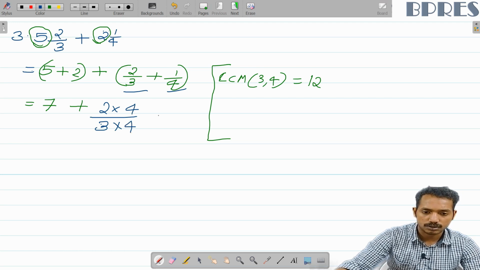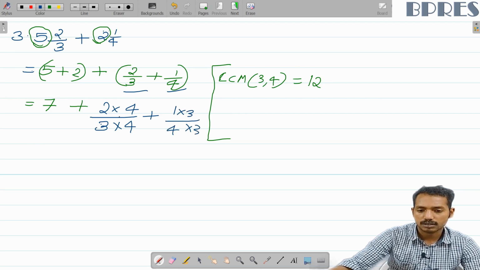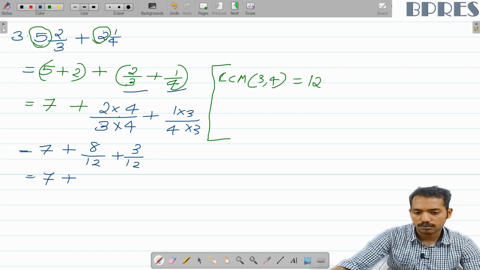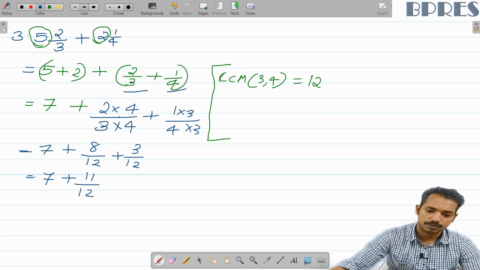Then 3 into 4 is equal to 12 plus again here 1 into 3 divided by 4 into 3. So that I will get 12. Now that is equal to 7 plus 2 into 4 is equal to 8 by 12 plus 3 by 12, which is equal to 7 plus 8 plus 3 is 11 divided by 12.